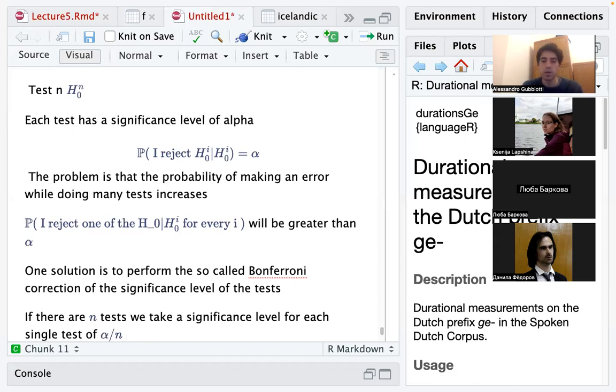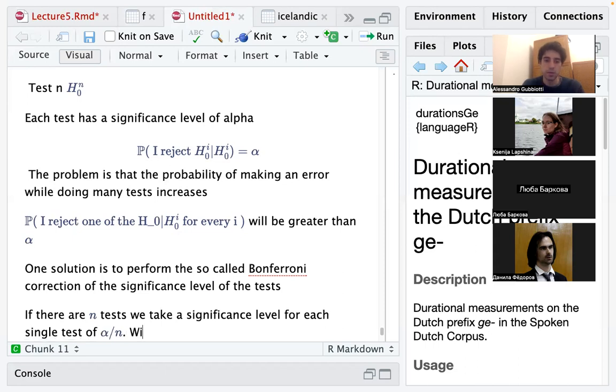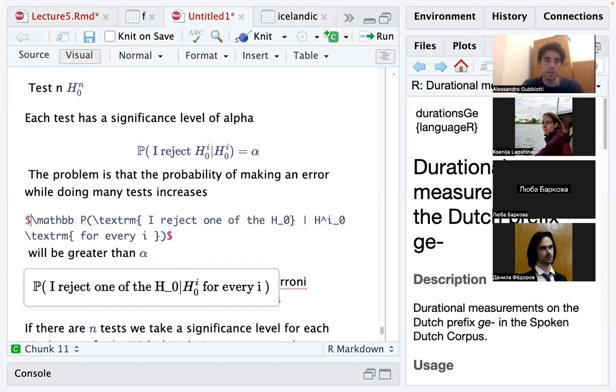And with this choice, we are sure that this quantity here is smaller than alpha.